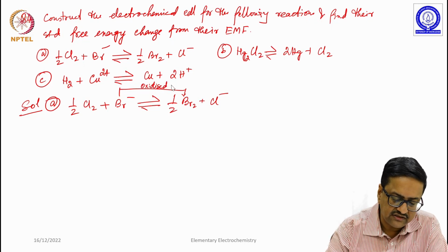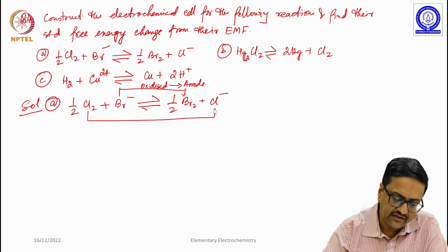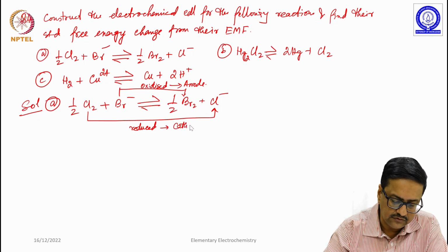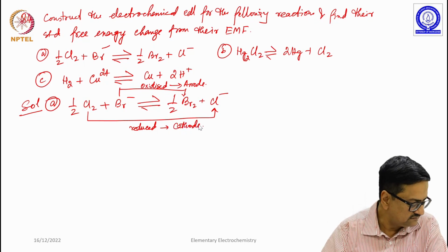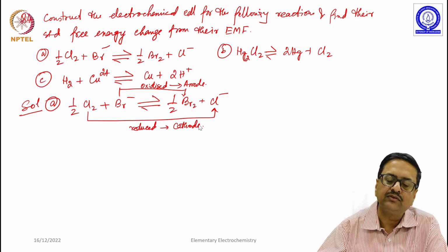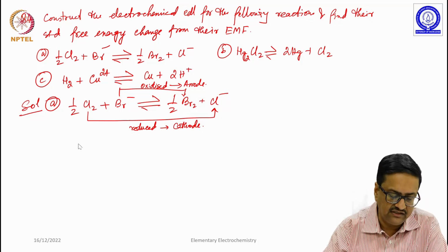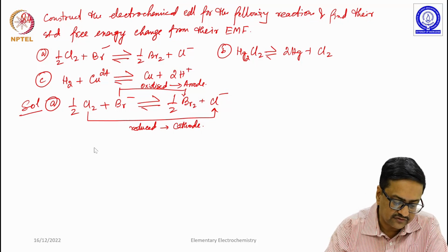So that means this is happening at anode, and chlorine is getting reduced. So this is happening at cathode. So as soon as we identify the corresponding cathode and anode, we quickly write down the possible cell with suitable electrode.